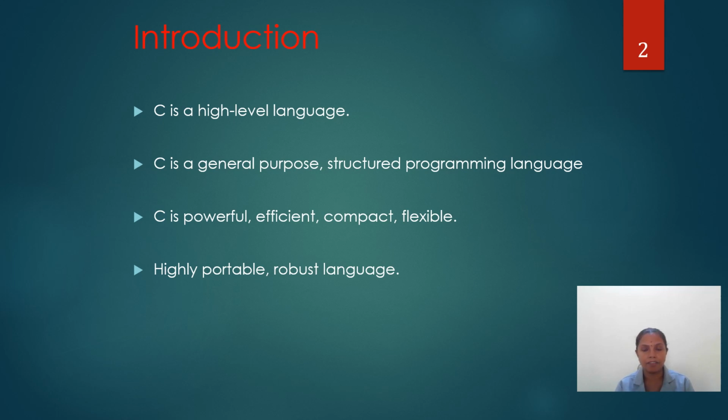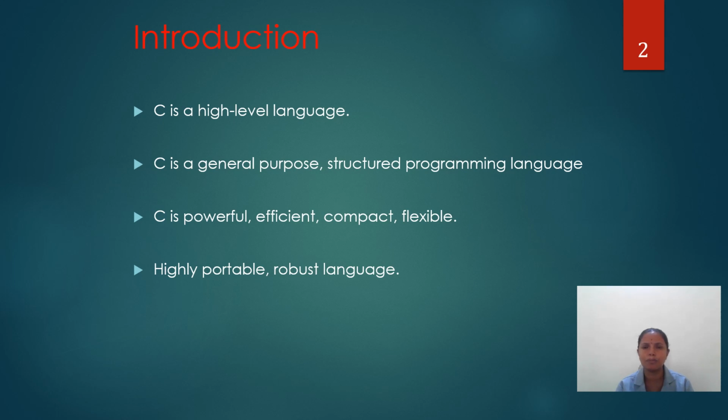High-level languages are like English, understandable by humans very well. For example, Pascal, Fortran, C, C++, Java, Python are all high-level languages. C is under the middle-level languages, neither low-level nor high-level. It is suitable for both types.